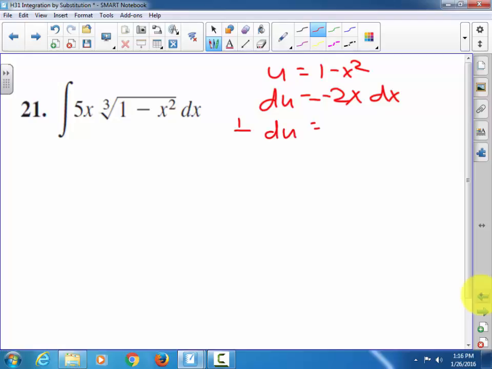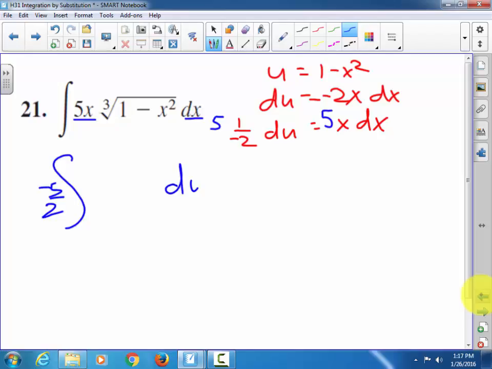Well, what I would do is make it look like that. That's close to what I need, but I actually need another 5 over there. So if I multiply, you've got two options here. You could multiply this side by 5 and that side by 5. Then I can replace this part right here with negative 5/2 du, and this becomes u to the 1/2 power. That's one way to look at it.